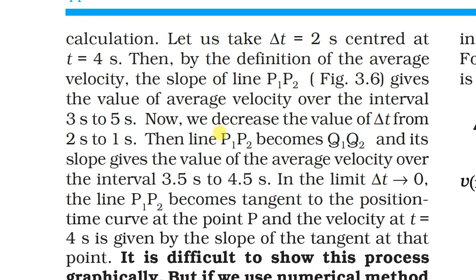Let us take delta t equals 2 seconds, centered at t equals 4 seconds. Then the slope of line P1 to P2 gives the average velocity over the interval of 3 to 5 seconds. Now decrease delta t from 2 seconds to 1 second.